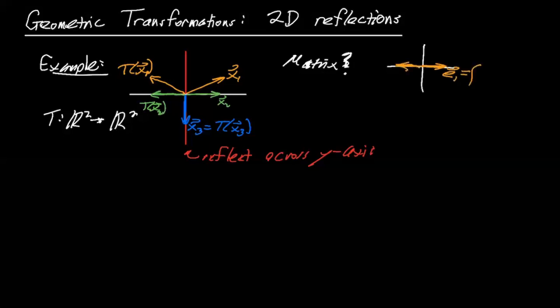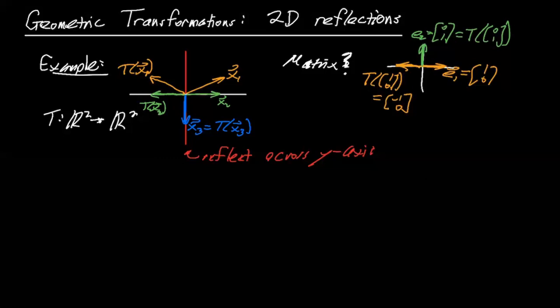So this is 1, 0. Then T of 1, 0 is negative 1, 0, right? It just reflects across. It's opposite. If we choose a different color for E2, 0, 1, then that also equals T of 0, 1. It's unchanged, right?